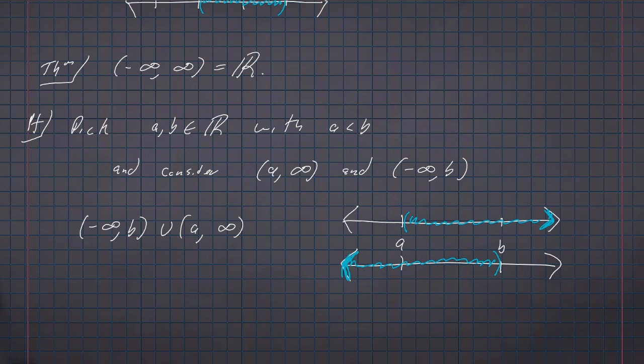And if we take the union, we take the idea of where they overlap, that should give us the entire real line. But based on what we were just talking about, if you take the union of two overlapping intervals, you should get the interval from the outside coordinates.